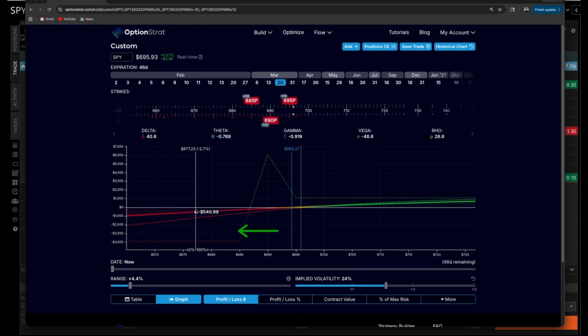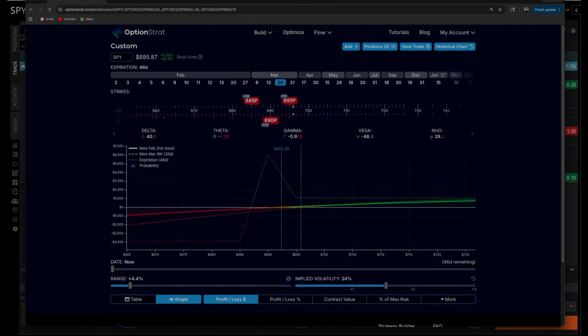It's not too bad. It's not till you get really far down in price for SPY that the losses start to show up early in the trade. So that's kind of interesting. And that's what an unbalanced put butterfly might look like early in the trade given these different price, time, and implied volatility assumptions. Okay?